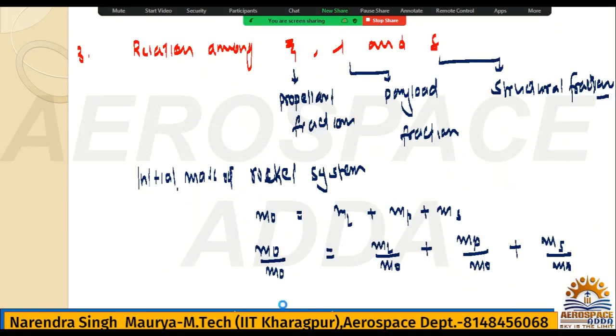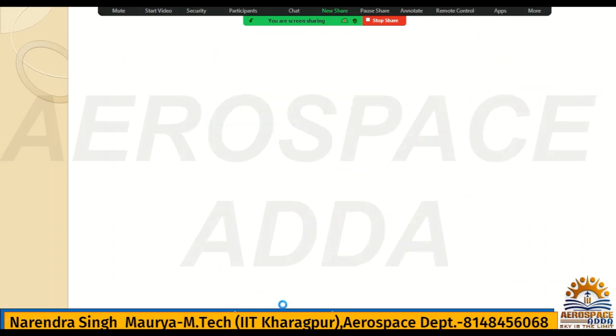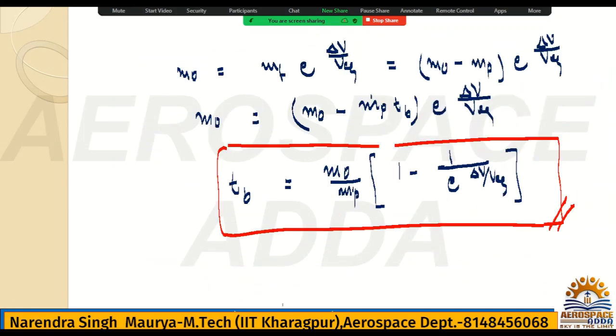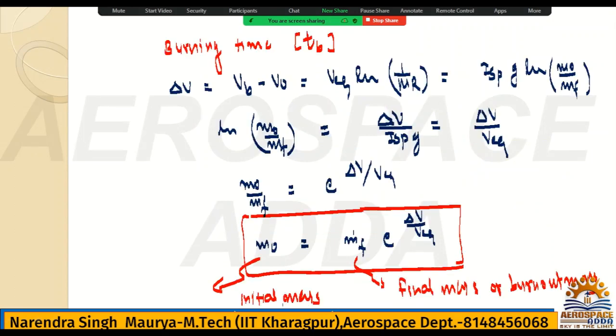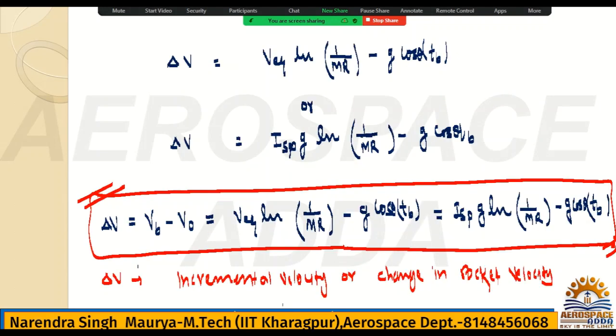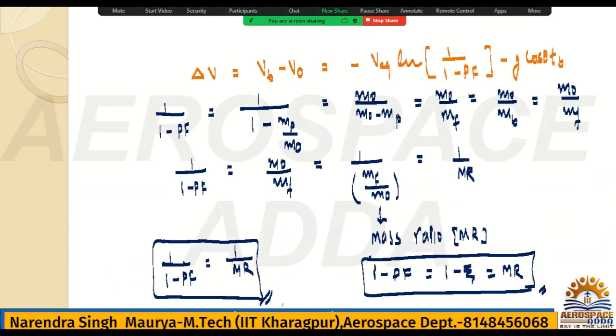Mp means after burning of the propellant. I think I had written it in the last lecture: m naught minus mp is nothing but mf, no?